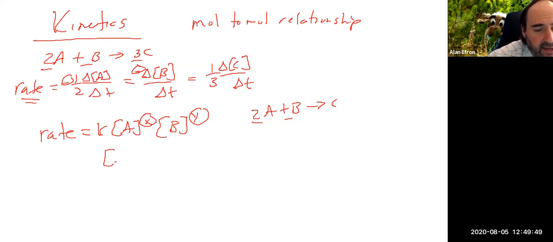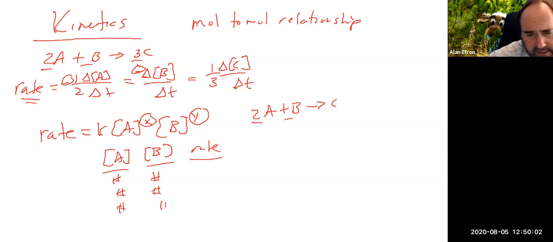So a reminder, that is where we get a table that looks something like this. And you have multiple trials in these tables with the concentrations of everybody, the rates of everybody.